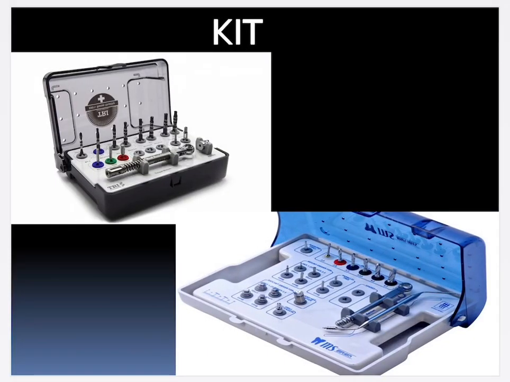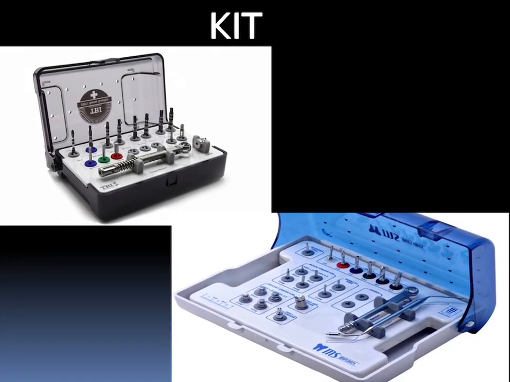So we should remember that the kit, when it is used, it can be the diameter. Suppose if you want to go for 4.3 mm diameter or 4.8 mm diameter of implant, we should drill the implant less than one size of the implant that we are planning.